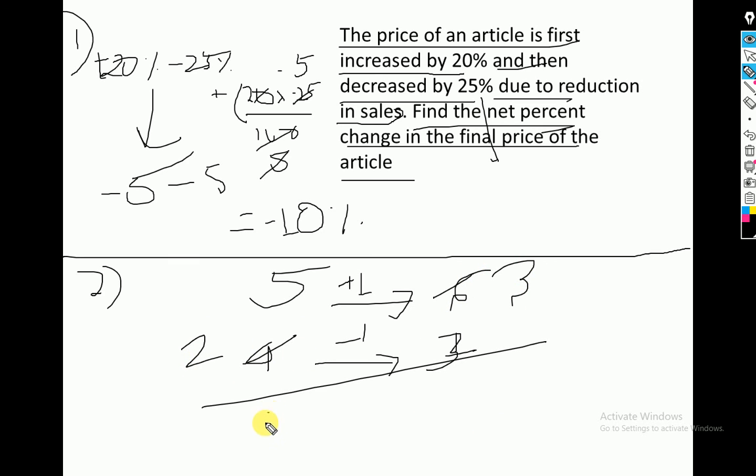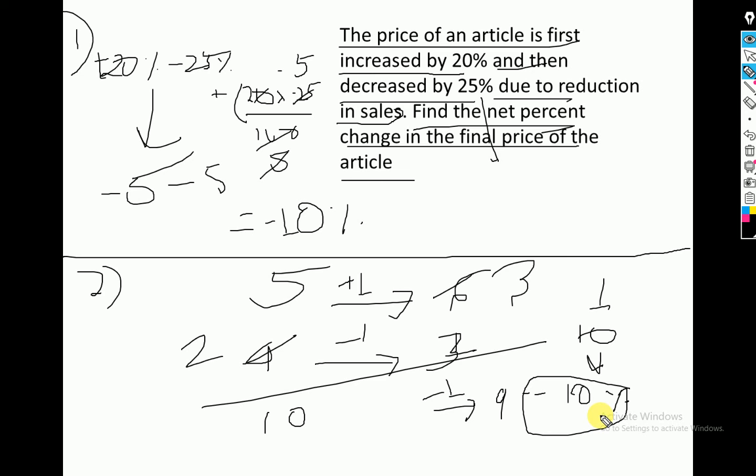Okay, so it's 10 and 9, so the decrement is 1 on 10, so this means 10%, and this is decrement. So yes, decrement of 10% over here and decrement of 10% over here also.